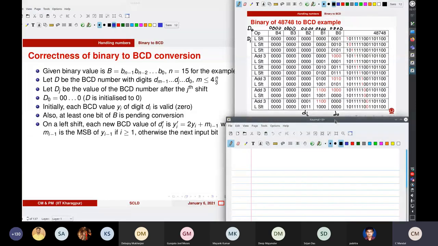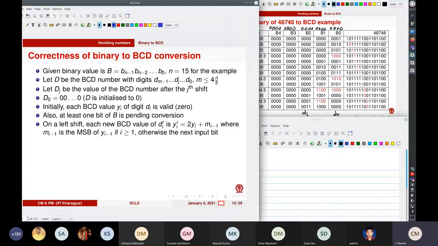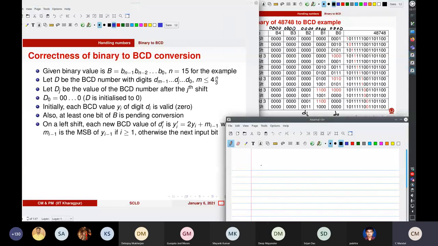So here, what you see is D0. For D0, it was all zeros, as you can see.